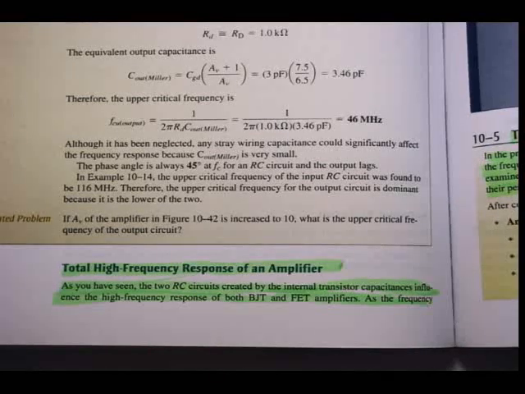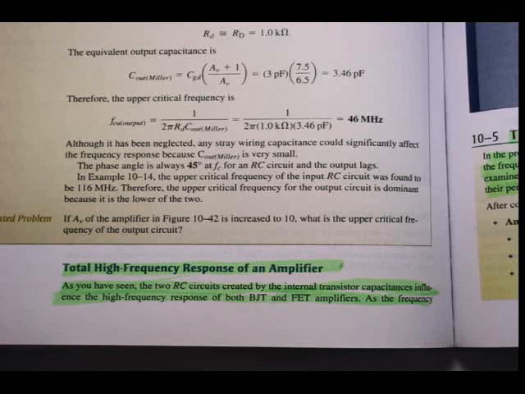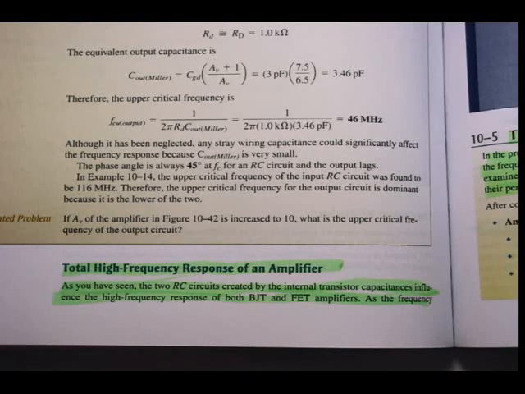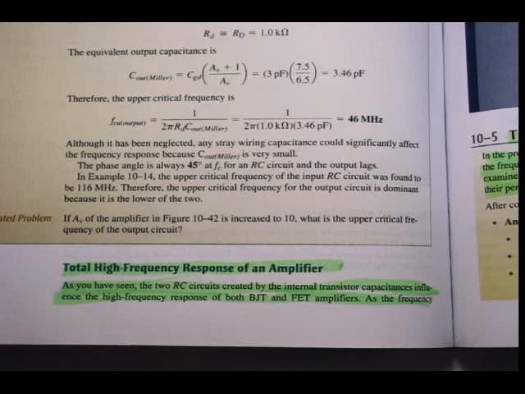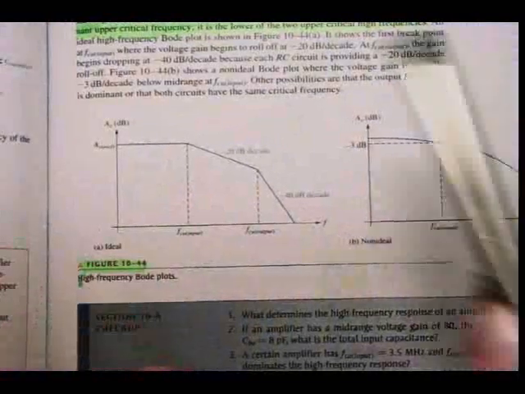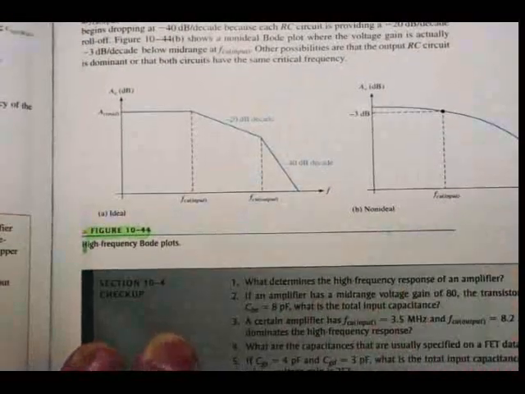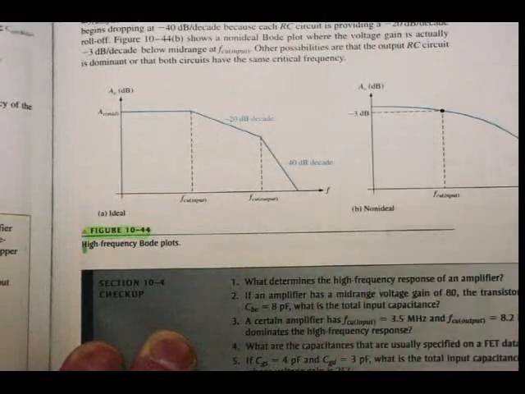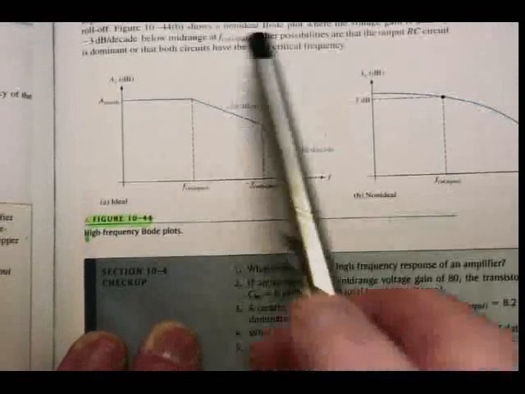Total high frequency response of an amplifier. As you have seen, the two RC circuits created by the internal transistor capacitances influence the high frequency response of both the BJT and the field effect transistor amplifiers. As the frequency increases and reaches the high end of its mid-range values. Where's the high end of the mid-range value? We will have a look now.